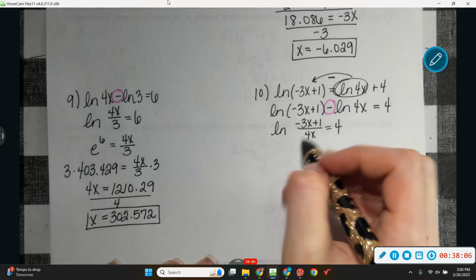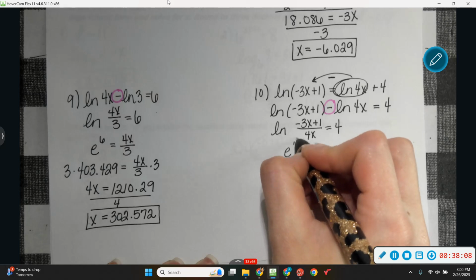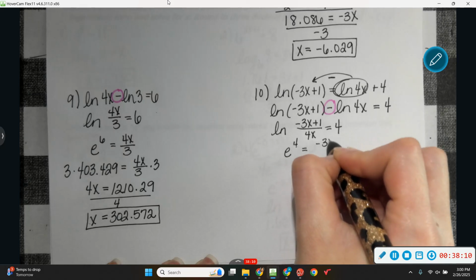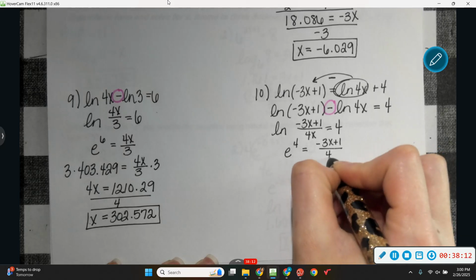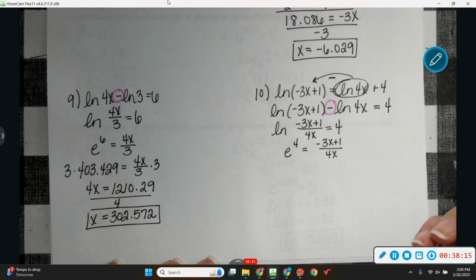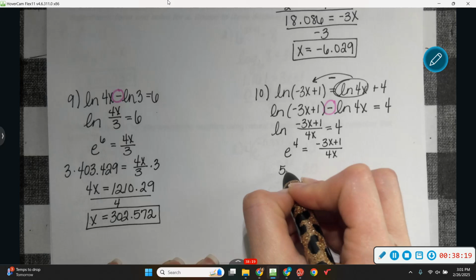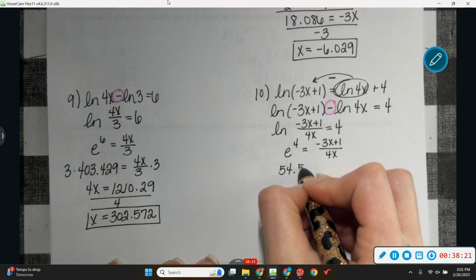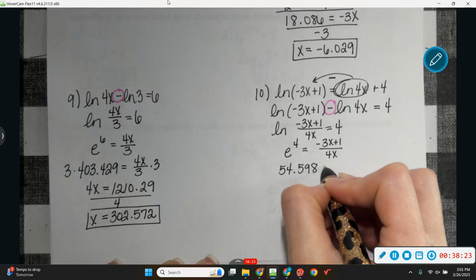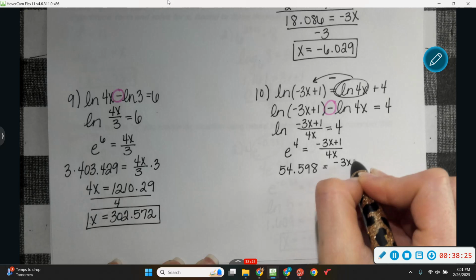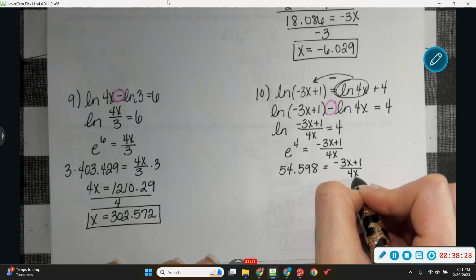So when I rewrite this, I have a base of e raised to the 4th power, and that's equal to the negative 3x plus 1 over 4x. So e to the 4th power in your calculator will round to 54.598. That is equal to the negative 3x plus 1 divided by 4x.